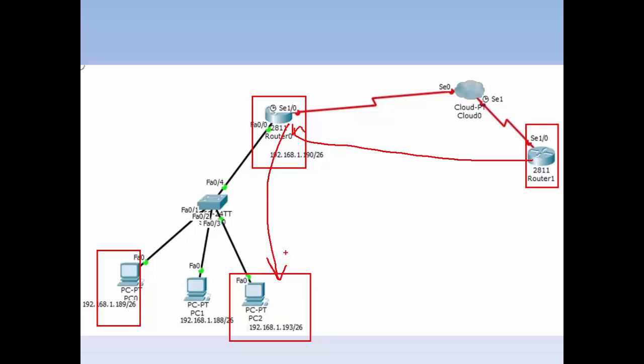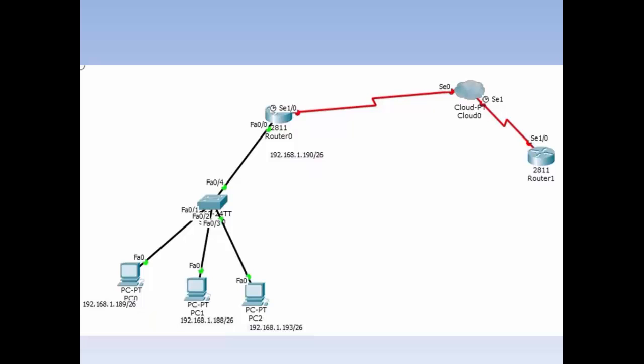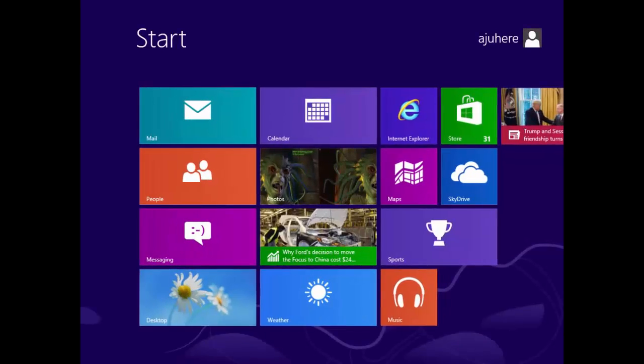Then with the help of the local area network, using the switch, it will find the particular device on that local area network. So this is one method of reverse engineering how the router finds out. In this way we can find out the network ID.